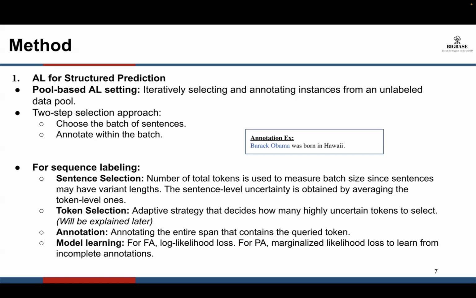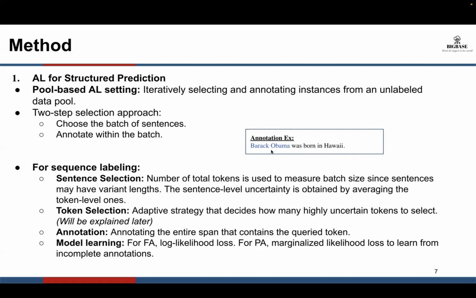And for token selection, they use an adaptive strategy that decides how many highly uncertain tokens to select. I will explain this later again. And for annotation, they annotate the entire span that contains the query token. For example, I put here a simple example for a named entity recognition task. In this sentence, let's say the name was selected as a token in this stage, then it will be annotated.